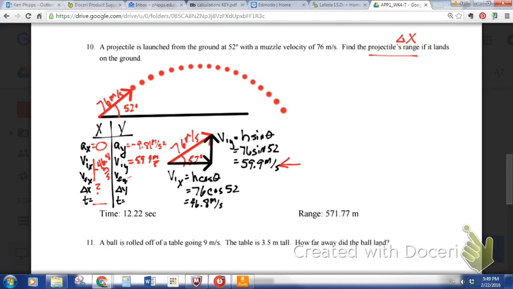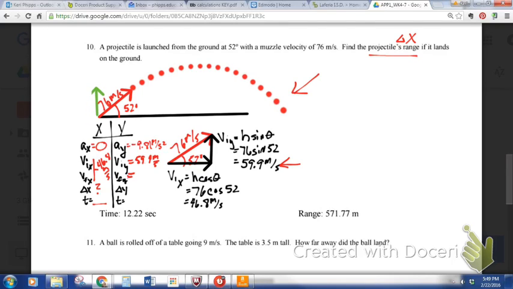We know that this is parabolic motion, and that the nature of parabolic motion is that what happens on this side is matched by what happens on this side. So if we have an initial y velocity, and get this out of the way.